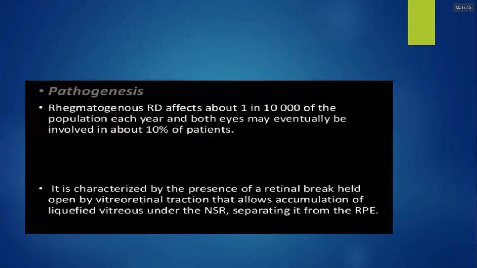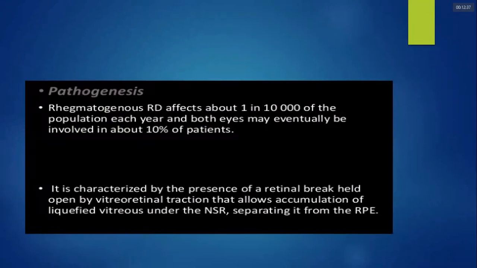So what is the pathogenesis of rhegmatogenous retinal detachment? Rhegmatogenous retinal detachment affects 1 in 10,000 of the population each year, and both eyes may eventually be involved in about 10% of the patients. And it is more common, with a higher percentage, in pseudophakic eyes than in phakic eyes.